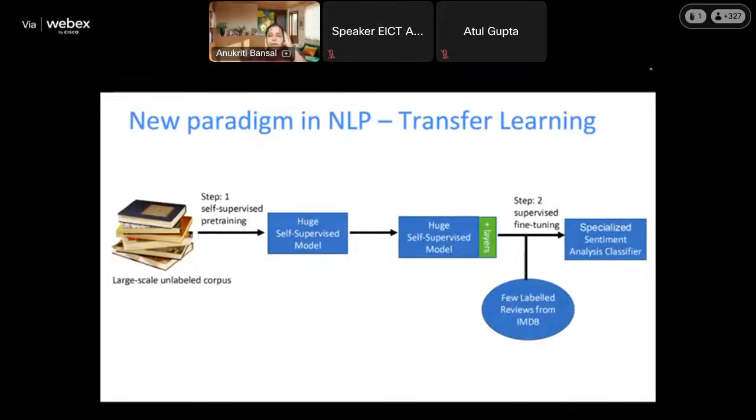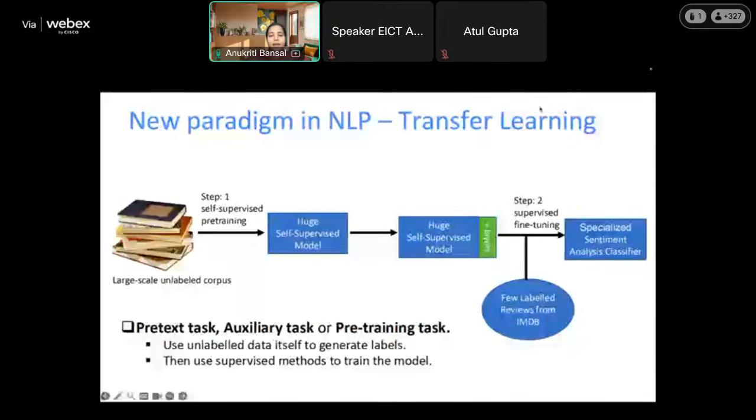So these are some new paradigms in natural language processing. And this first step is called pre-training, where we use the unlabeled data to generate labels, and then use some supervised method to train the model later on.